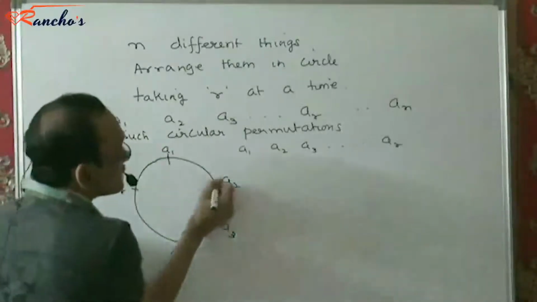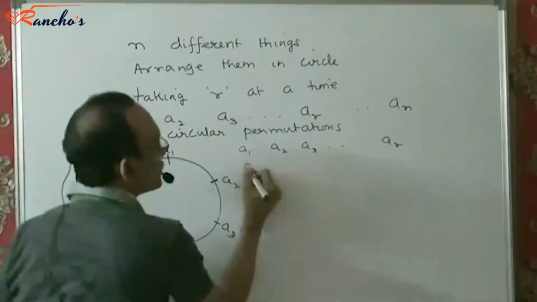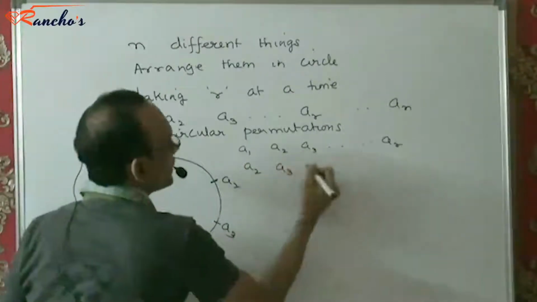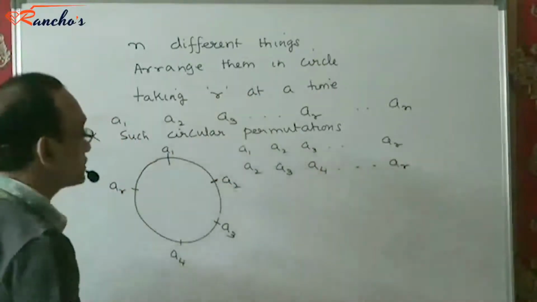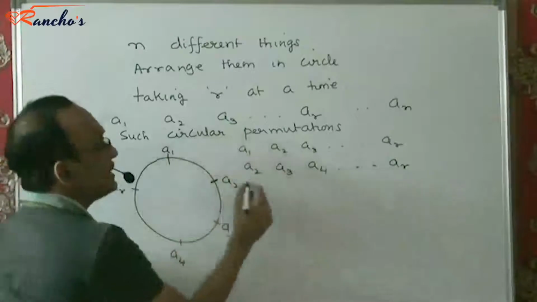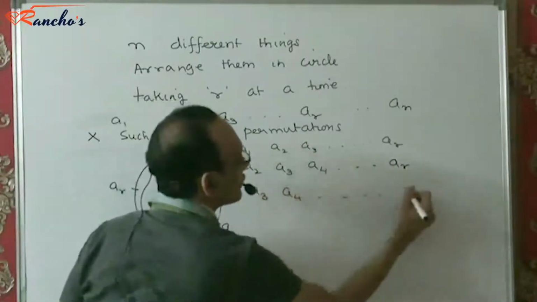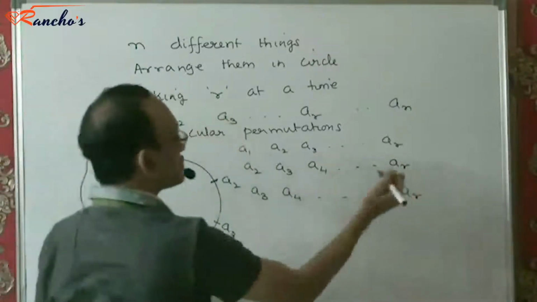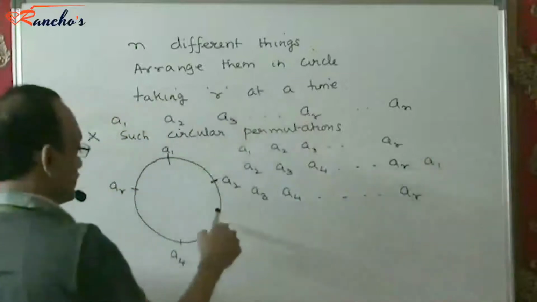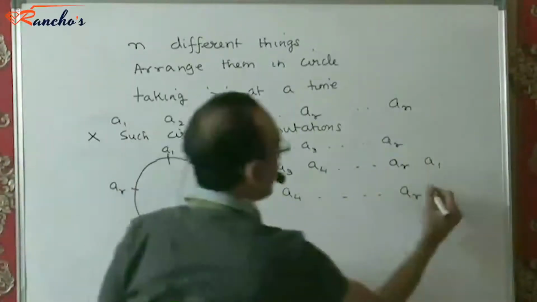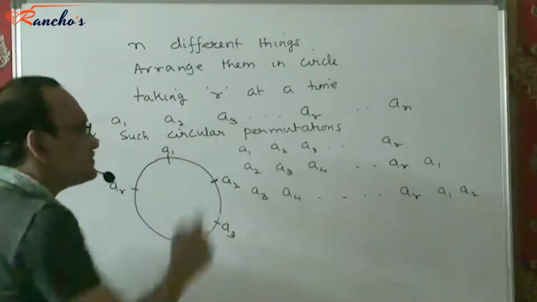Or I could have cut the circle at a2 and got a linear arrangement a2, a3, a4, ar, a1. I could have cut the circle at a3 and got another, a3, a4, ar, a1, a2, and so on and so forth.